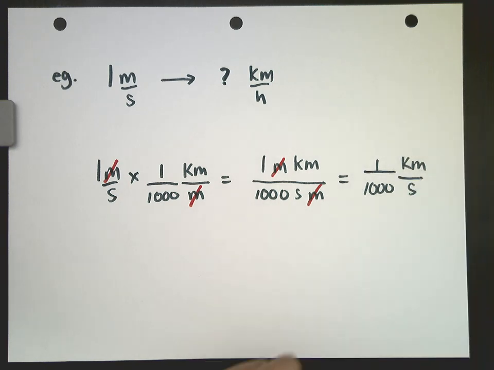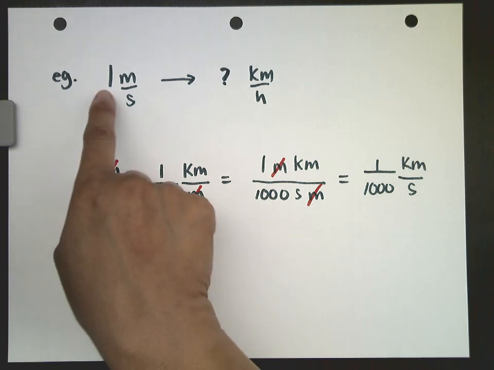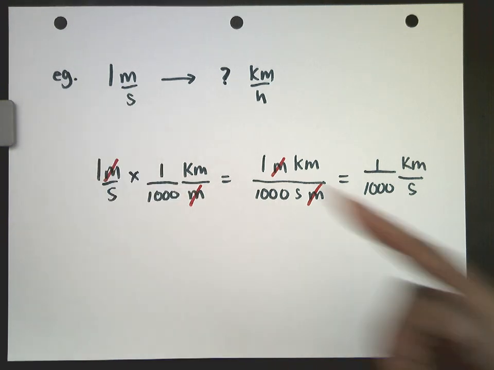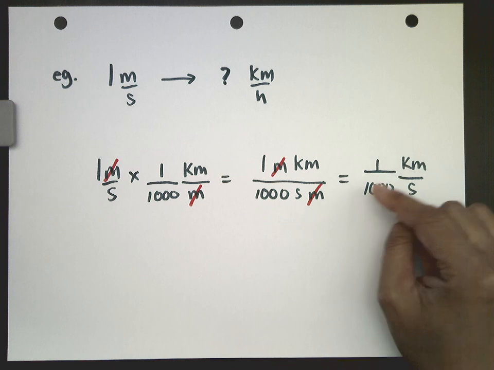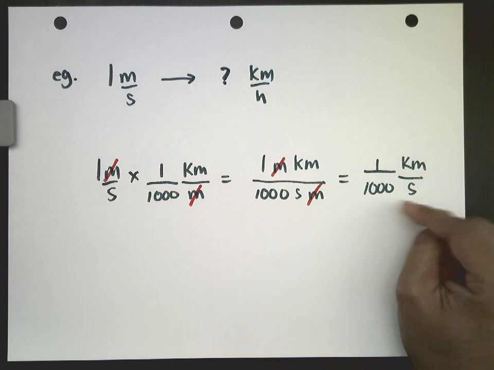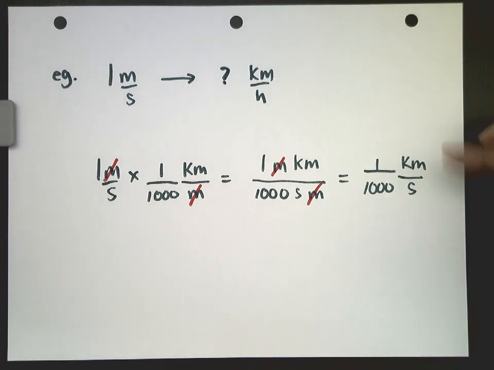So this is my new unit. So right now this is a speed of 1,000th kilometer per second, which kind of makes sense because you know that this is 1 meter per second. So if you want to do it in kilometers, you're going to go only 1,000th of that in a second. Okay, so this here is your new value.